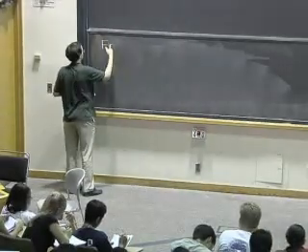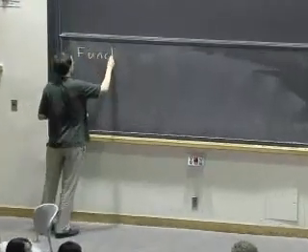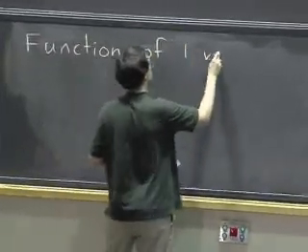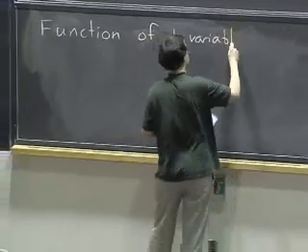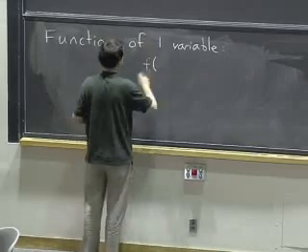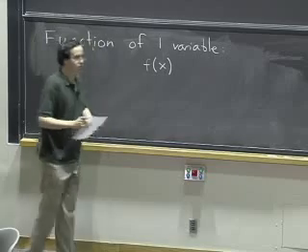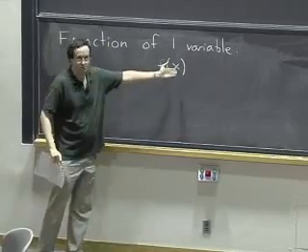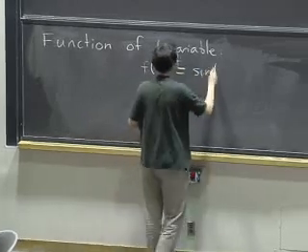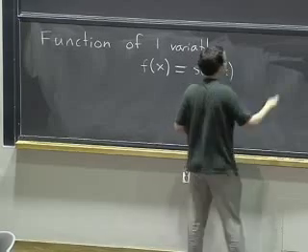So first of all, we should try to figure out how we are going to think about functions. So remember, if you have a function of one variable, that means you have a quantity that depends on one parameter. Maybe f depends on a variable x. And for example, the function that you all know is f of x equals sine x.